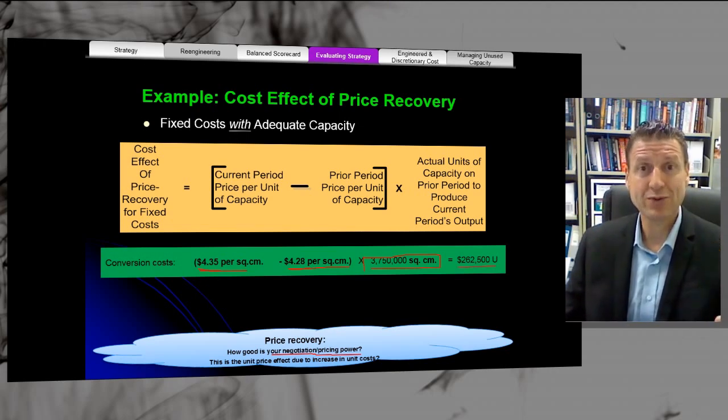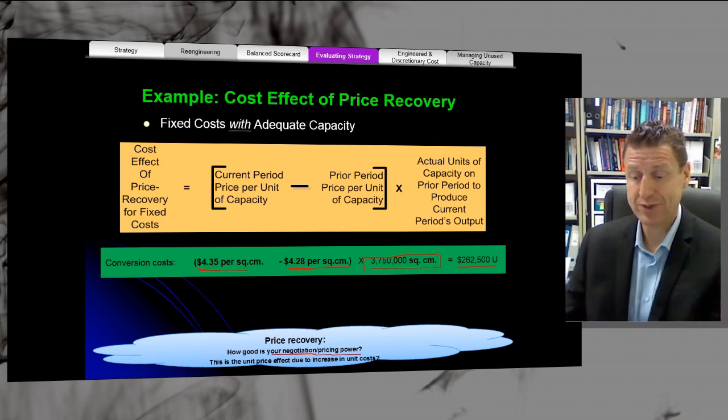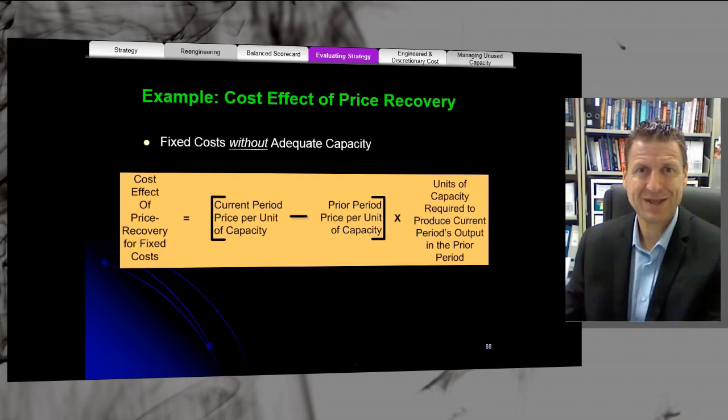We have a price recovery component of fixed costs of $262,500, and that's unfavorable. That's unfavorable because this is a cost. Again, this can reflect your negotiating and pricing power. So this kind of summarizes our price recovery component of financial reporting of operating income.